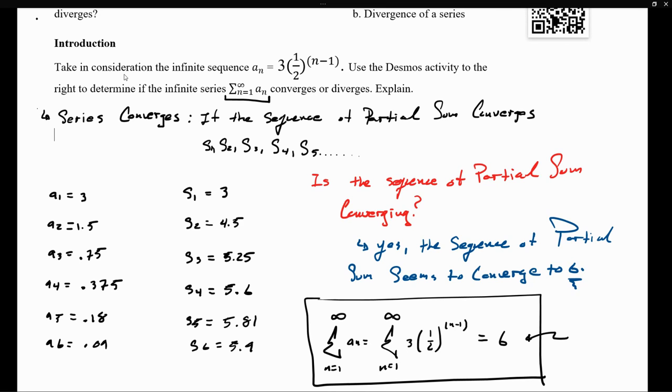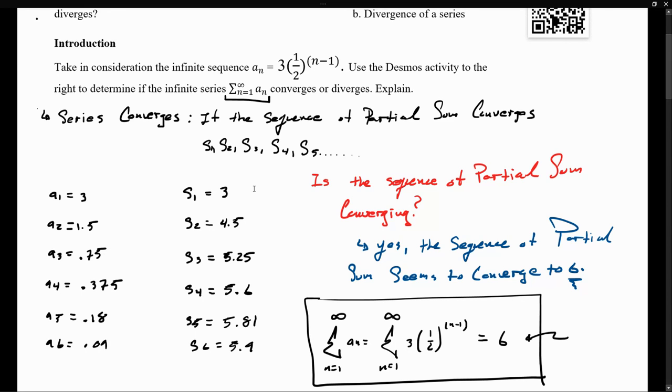So that's an observation that I would like for you to notice: the sequence of partial sums will converge definitely when the sequence itself is converging to 0. Because if the sequence is converging to 0, then for the partial sum, you're going to be adding values that are 0. So therefore, you're going to be getting stuck at a very specific value, which in this case happens to be 6.